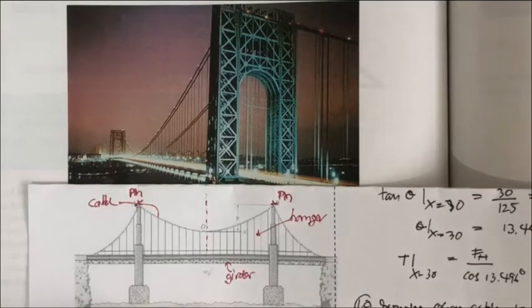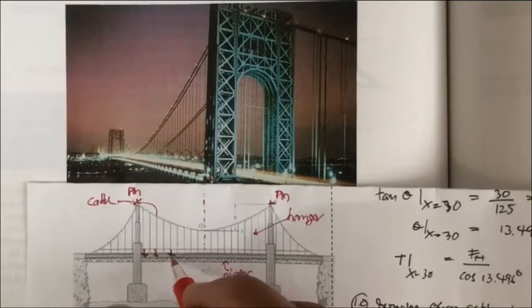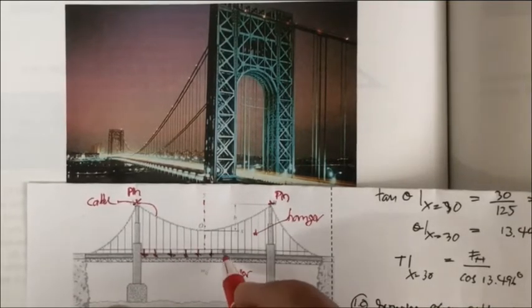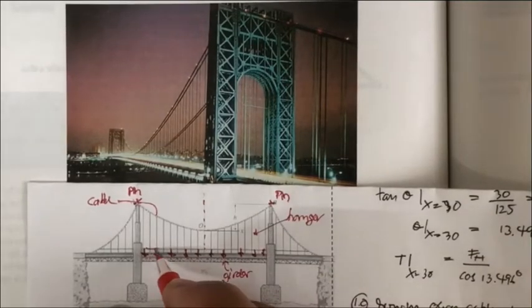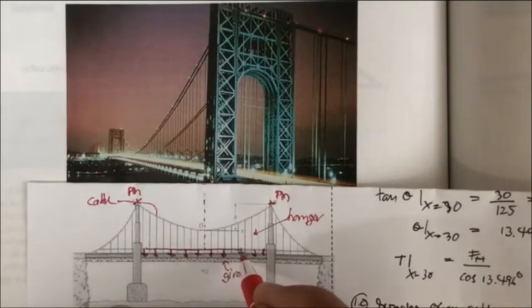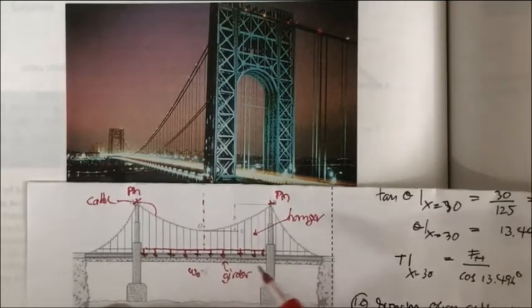Under the applied force from the traffic load, including the live load moving here, the force is assumed distributed over here with w sub O.